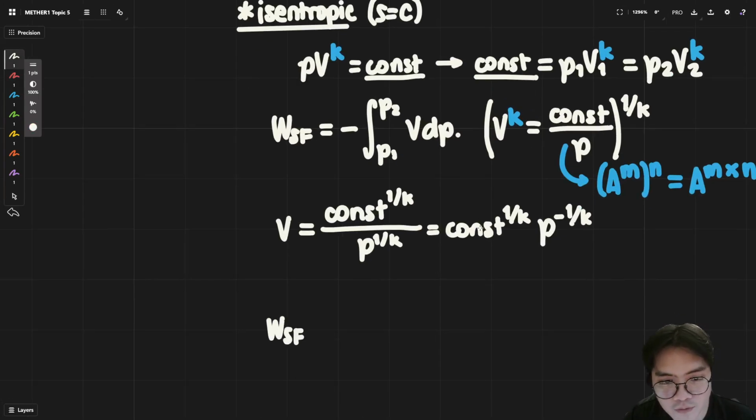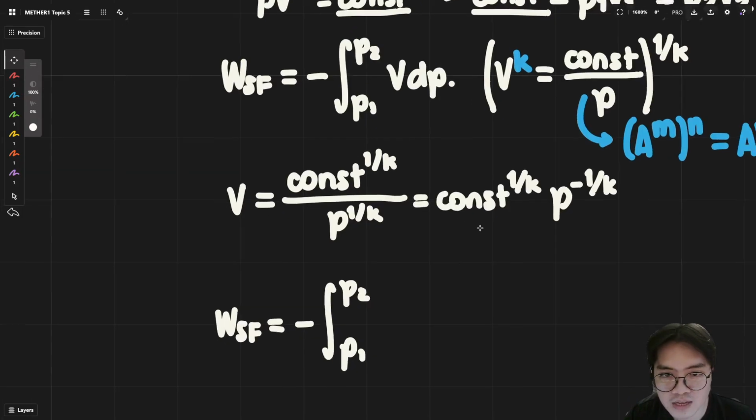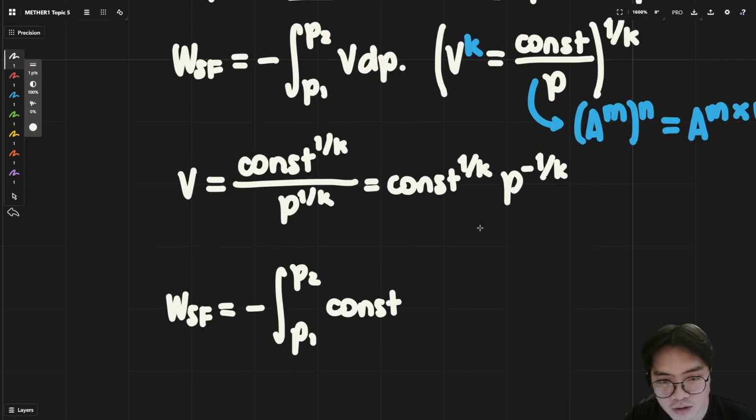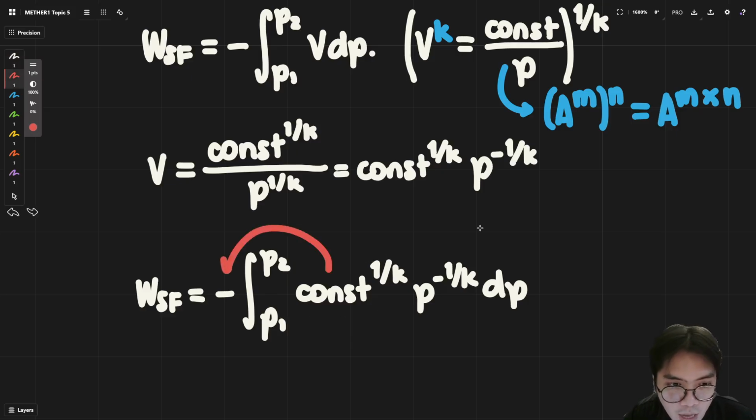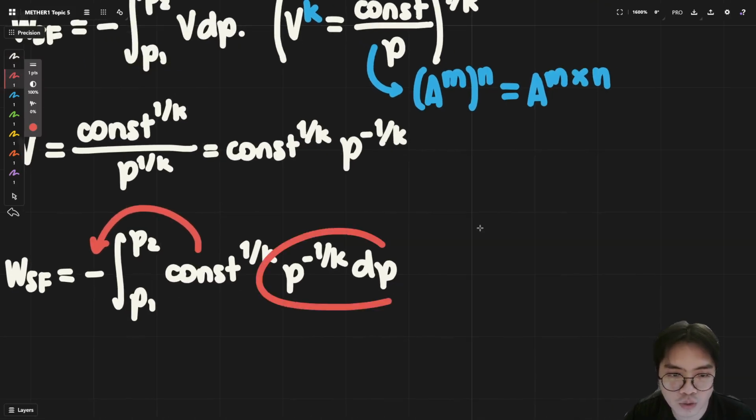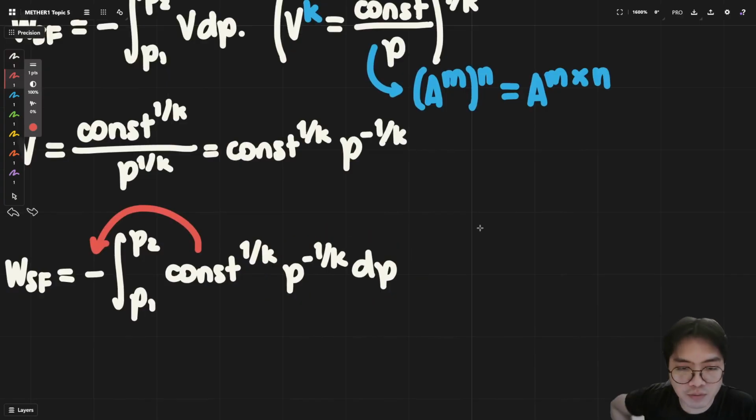So work steady flow is equal to negative integral from P1 to P2 of constant raised to 1 over K times P raised to negative 1 over K dP. Notice you can get that constant out of there. And because this is just P raised to some exponent, you can apply the reverse power rule.